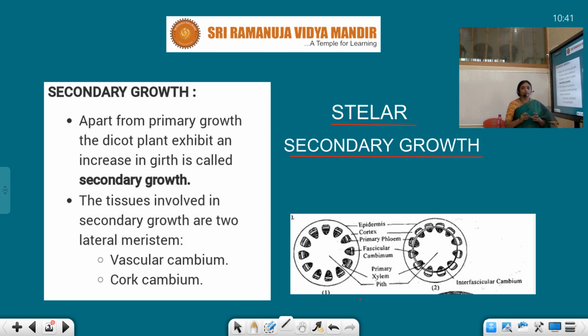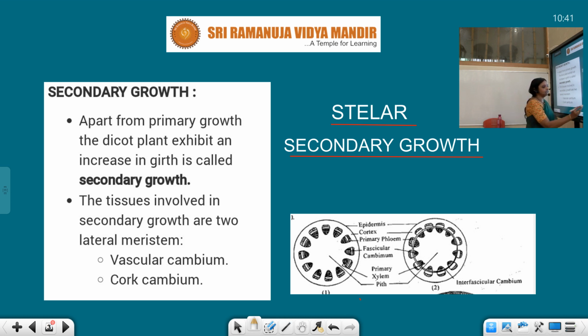But after some time, what happens? The plants start growing, and the width is also increasing, and it becomes stouter. So, what is secondary growth? Let us see. Apart from primary growth, the dicot plant exhibits an increase in girth. Increase in girth, that means increase in diameter or increase in width, is called secondary growth.